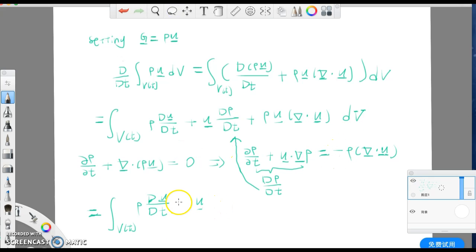So this minus rho means u rho divergence of u.